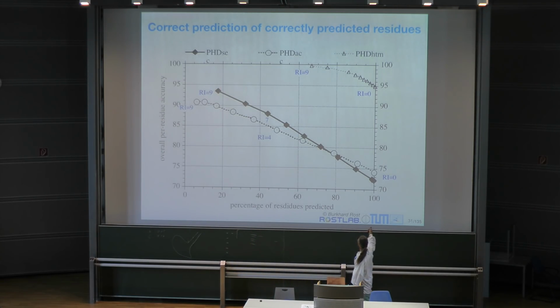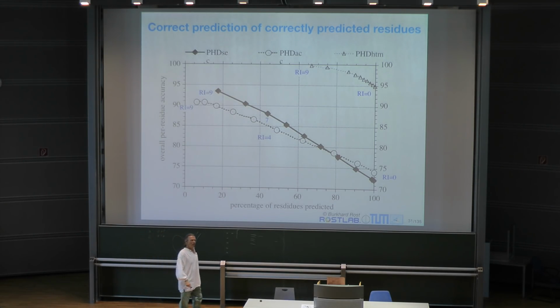So I force it for every single residue, then the performance is roundabout 72%. If I now pick the 50% of the residues for which the difference between the top and the others is highest, I just picked 50%. So 50% is here. Then for those 50% most strongly predicted residues, performance rises up to 88.